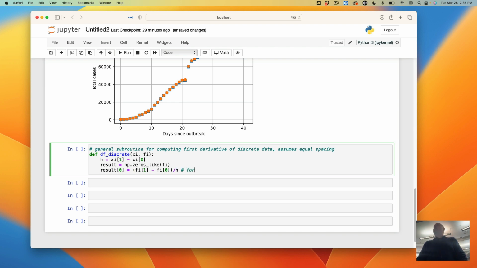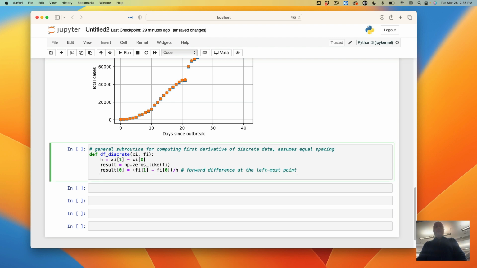Forward difference at the leftmost point. And then at the other side, the last point is fi at minus 1 minus fi at minus 2, right? The circular indexing, over h.